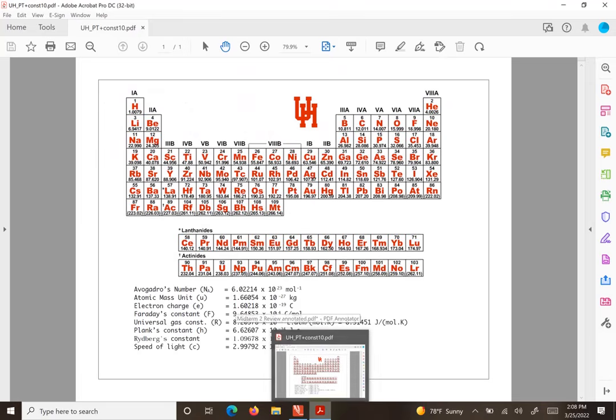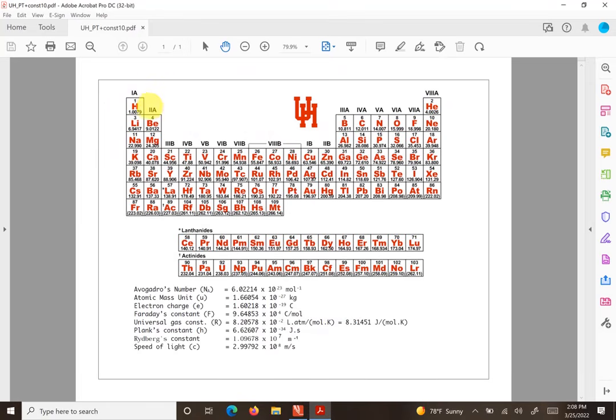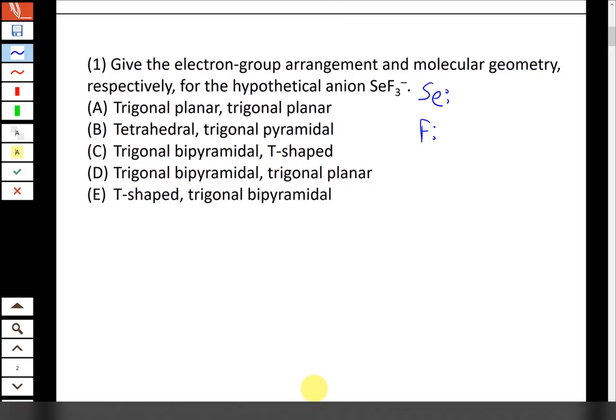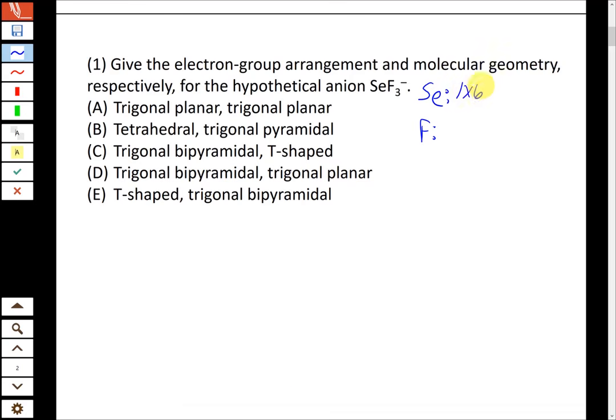Yeah, so for those main group elements, the ones that are labeled with A in this numbering system, 1A, 2A, 3A, 4A, and so on, the group number tells you directly how many valence electrons any atom in that column would have. So that's how we count valence electrons. And so we'll have 1 selenium, which is 6 electrons, and then 3 fluorines are 7 each.